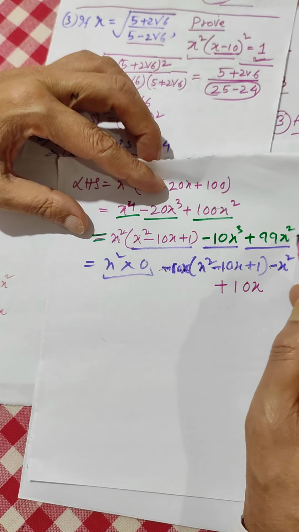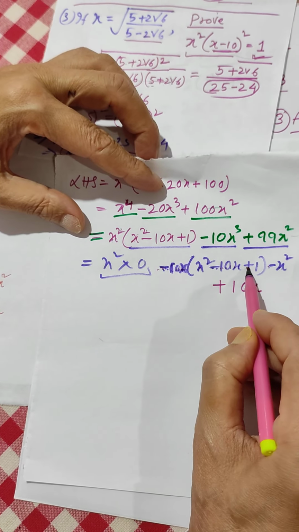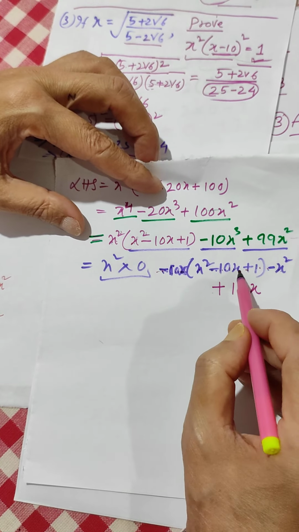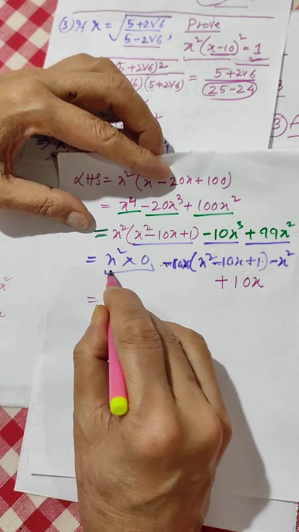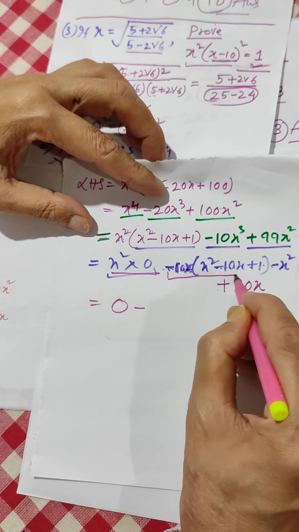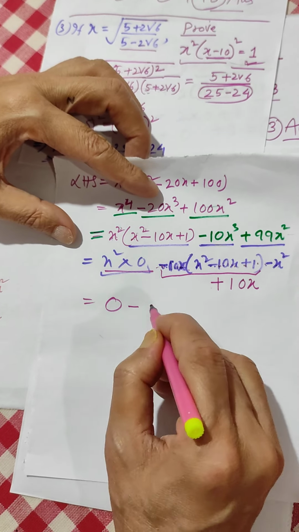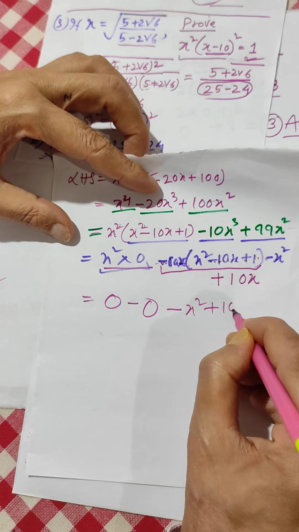Minus 10x into plus 1 is minus 10x, so you must write plus 10x, so that they together become 0. Now this part is 0, so minus 10x into 0 is 0. Now what is left? Minus x square plus 10x is left.